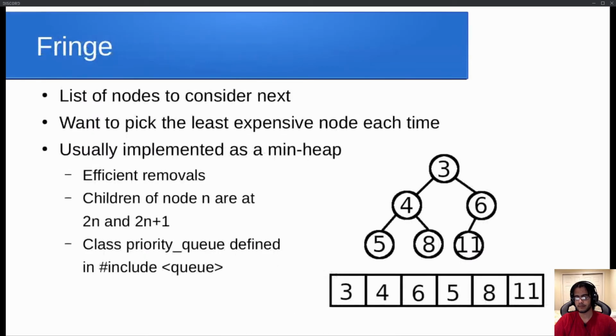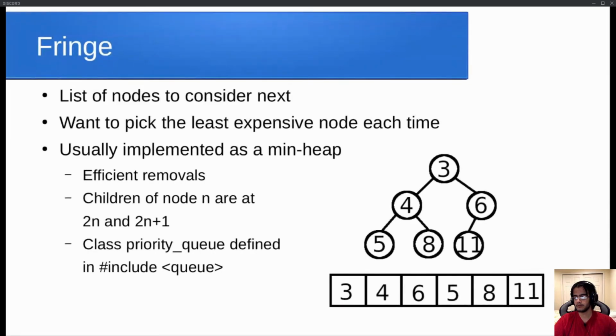So we will go through an example, but I wanted to talk a little bit more about that fringe data structure, or I guess list. The typical way it's implemented is the use of a heap. The way a heap works, it's implemented as an array, but conceptually it's stored as a tree.